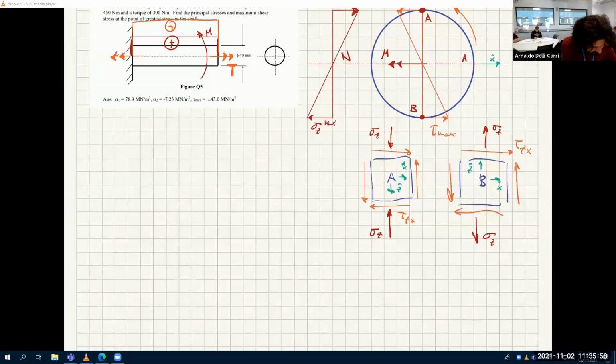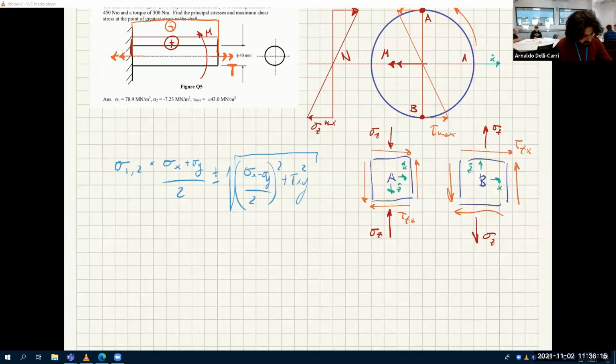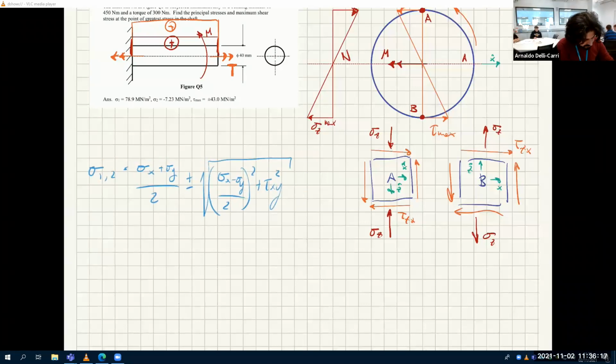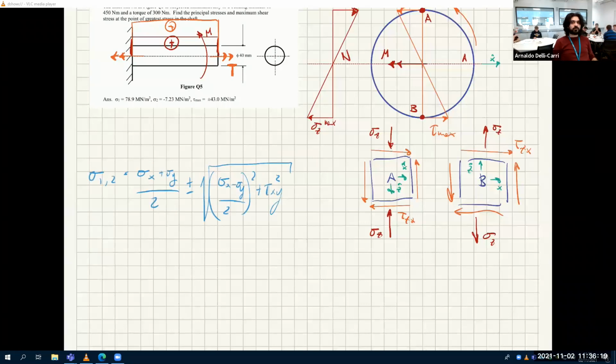Sigma 1, 2 equals sigma x plus sigma y divided by 2 plus or minus square root of sigma x minus sigma y divided by 2 squared plus tau xy squared. I don't even need the formula sheet because this is easy to remember when you know what these things are: sigma average plus the radius of the Mohr circle.